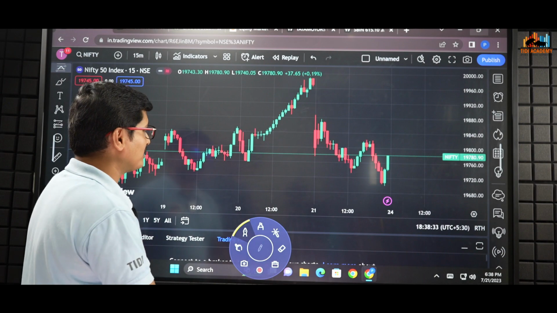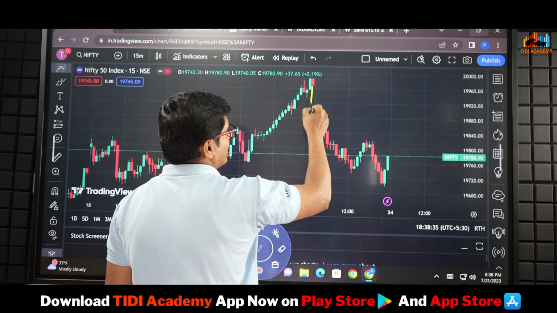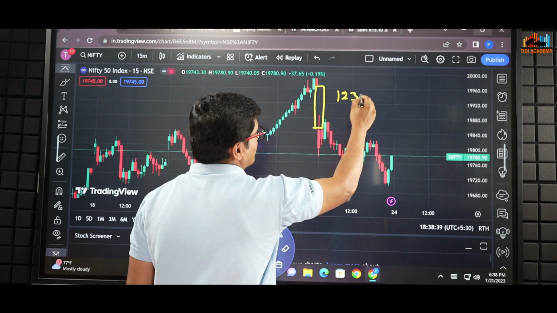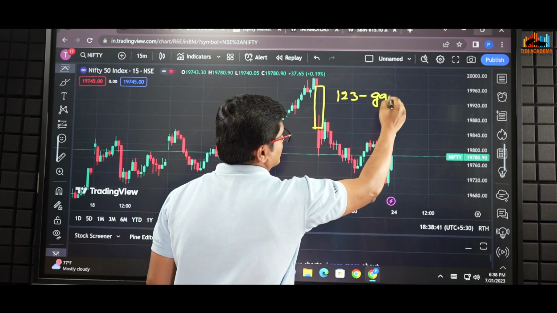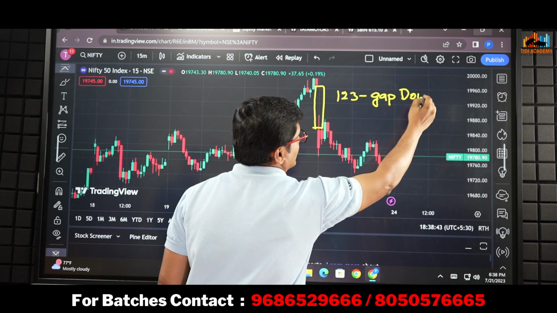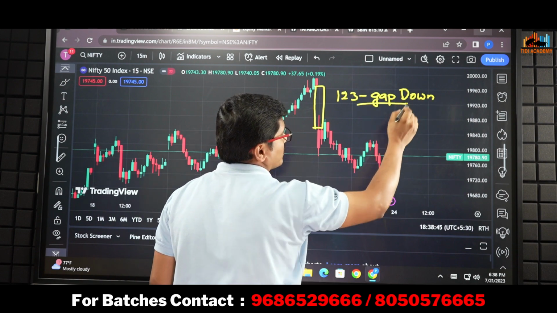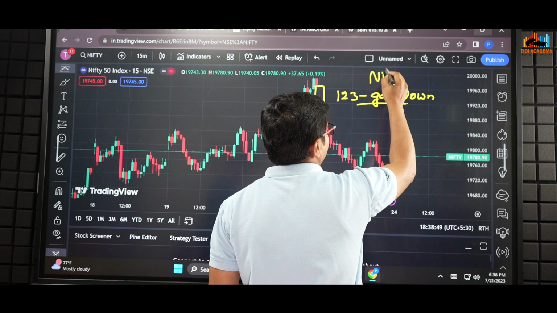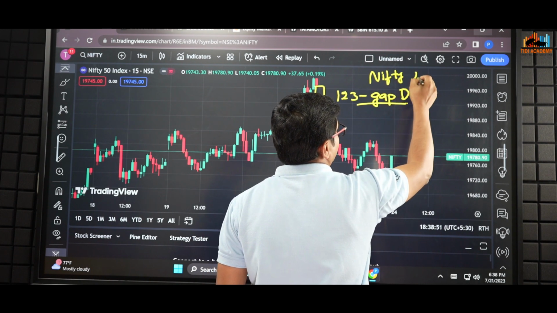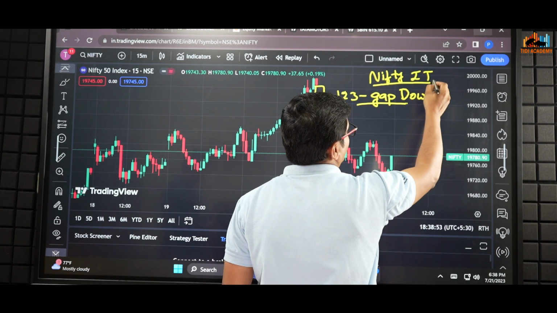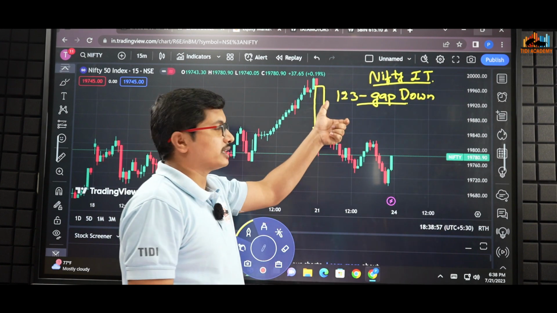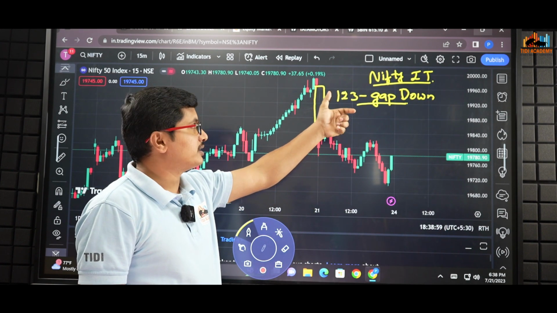As we can see in the Nifty chart, there is around 123 points of gap down. Why this gap down? Because of the Nifty IT sector. Why there is a fall in Nifty IT?